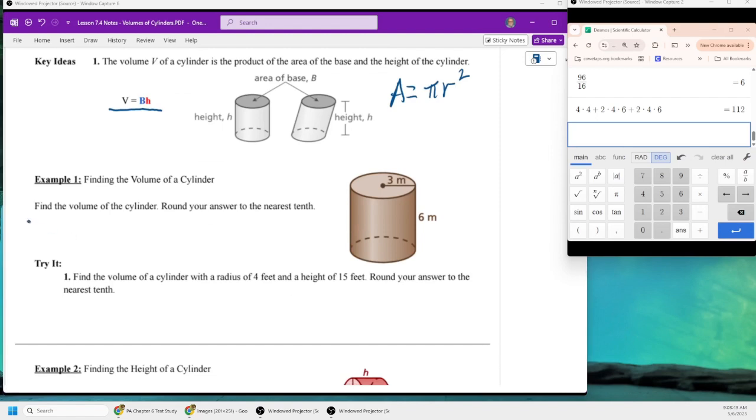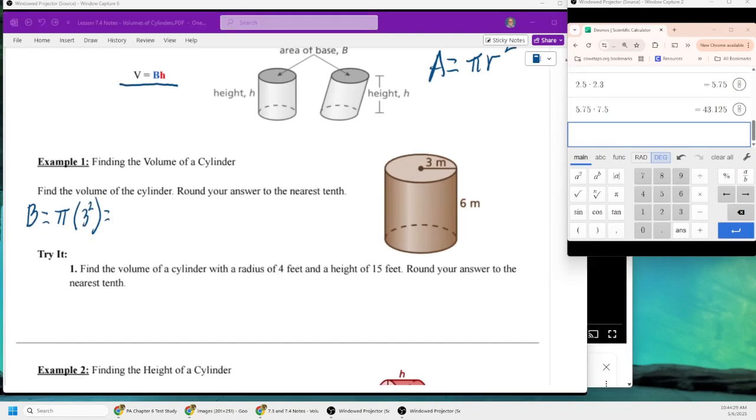Okay, so I'm going to use the capital B again. What does capital B stand for? Area of the base. So it's pi times the radius squared. All right, so what we have to do here is pi times 3 squared. And so you should get 28.3, rounding to the nearest tenth.